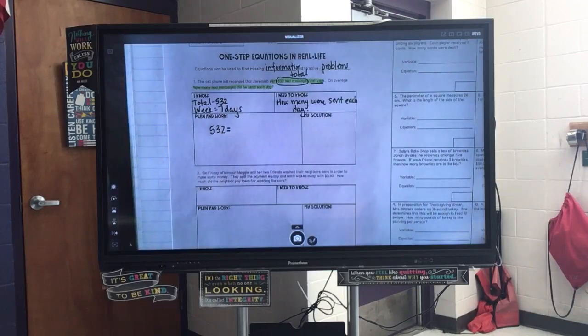All right, so stand up if you think we are multiplying and doing 7x for our equation. All right, have a seat. Stand up if you think we're going to do x divided by 7. Have a seat.